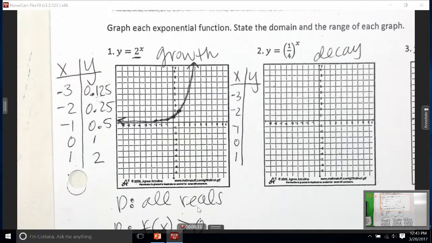So y equals 1 raised to the x, and then second, and then I just hit graph.